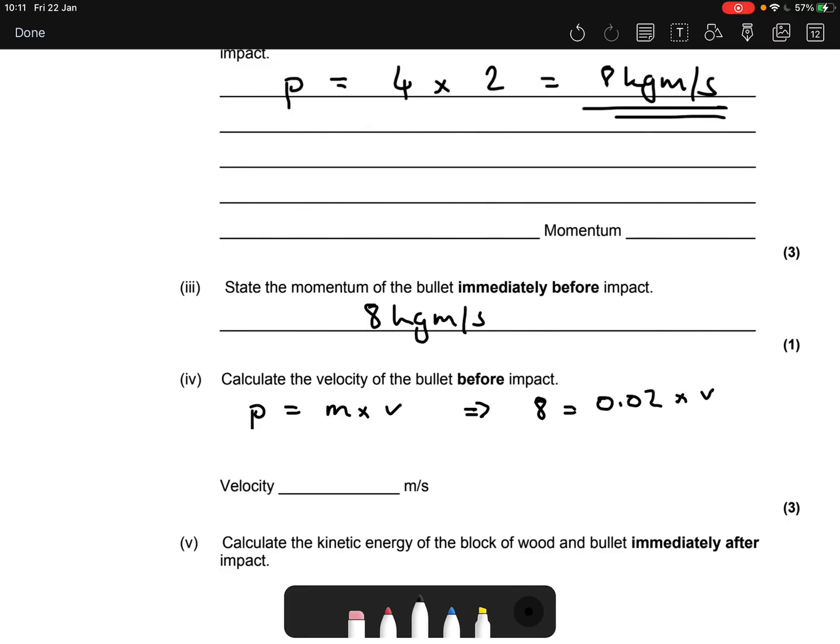That's 20 grams in kilograms, times the velocity. So I've got 8 divided by that, and I get 400. If you don't convert, you're going to end up with a very, very tiny number.